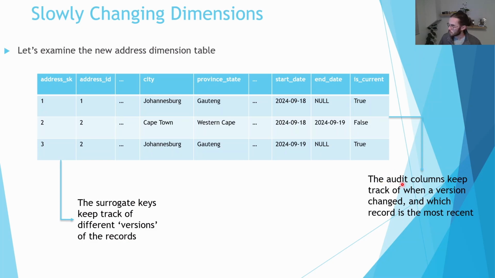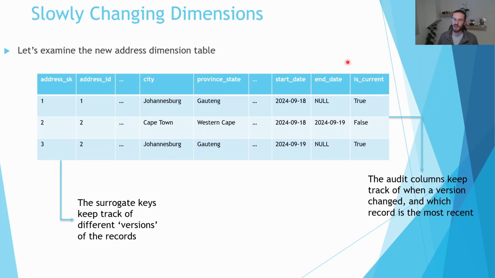And then lastly, the audit columns keep track of when a version changed and which record is the most recent. Now, traditionally for this, you would actually just have the start date and end date, but this is current indicator is a nice touch to add to your dimensional model. Why? It is because it makes it super easy for an analyst or a data scientist or a data engineer, whoever is using your analytical database, to filter for the most recent version of a record.